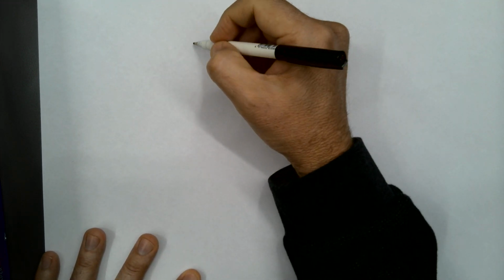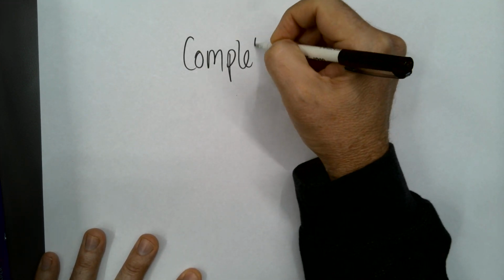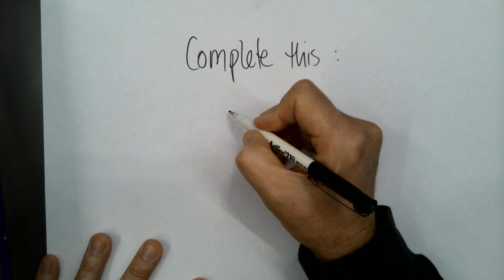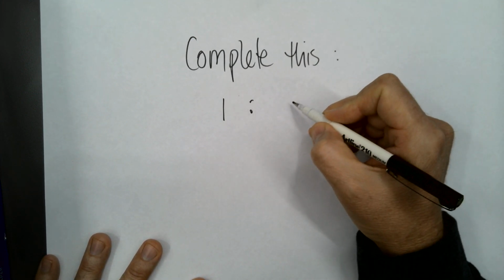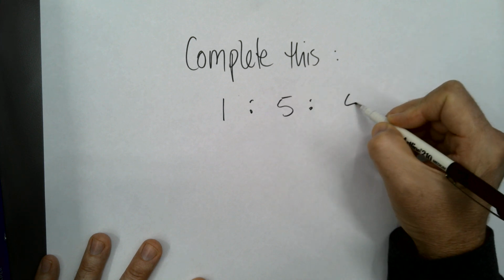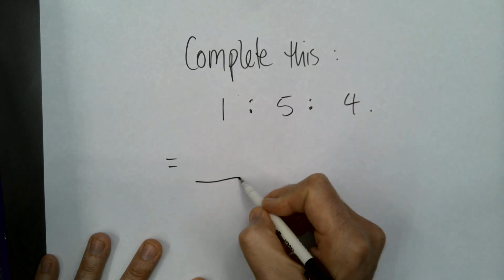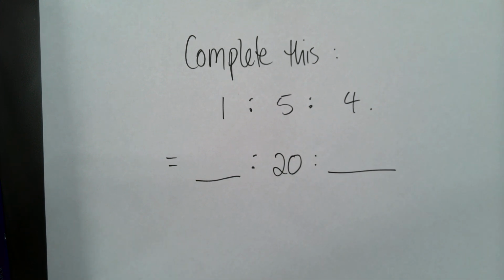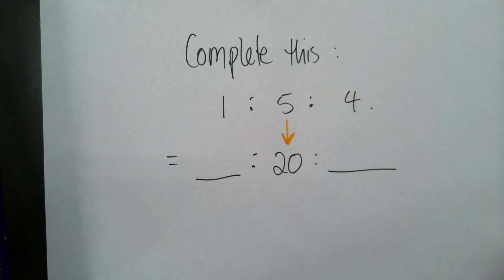Okay, now here's the kind of question you might find in a test. It'll say complete this. All right, so we might have 1 is to 5 is to 4 equals space, 20 is to space. All right, you've got to fill in the gaps. So here's your thought process. How do you turn 5 into 20?